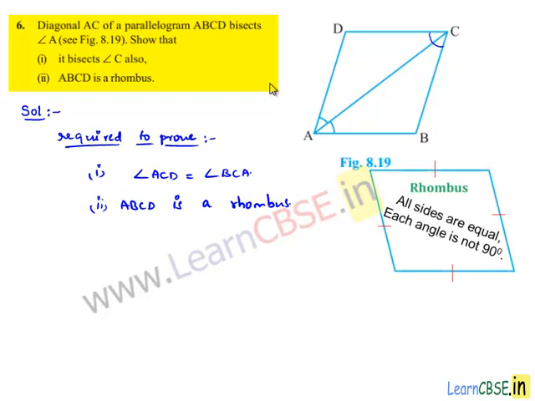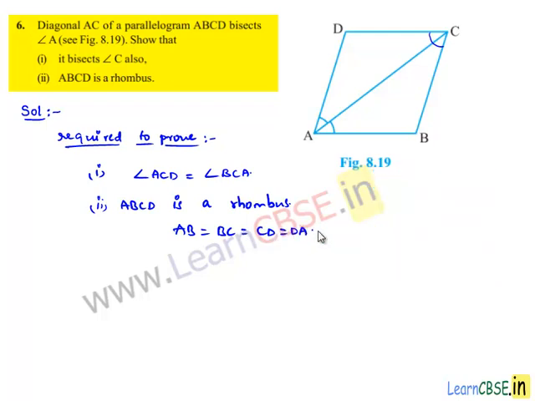In order to prove that the given parallelogram is a rhombus, we need to prove that all the sides of the parallelogram are equal. That is AB is equal to BC is equal to CD is equal to DA. So let us move on to the proof.